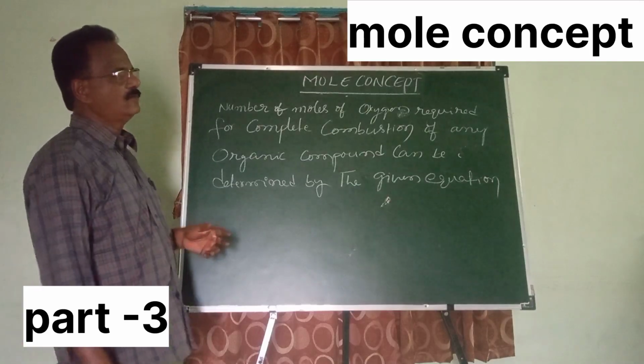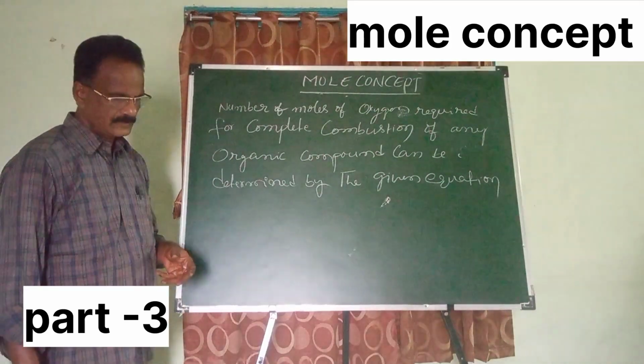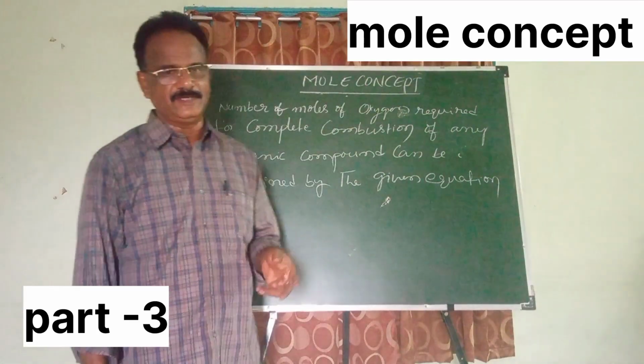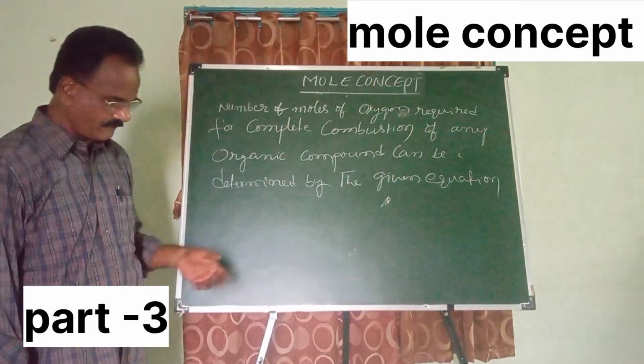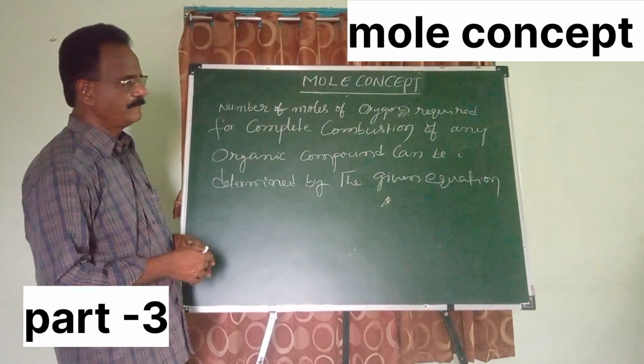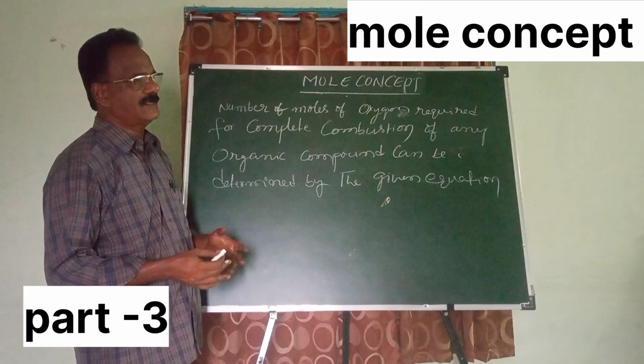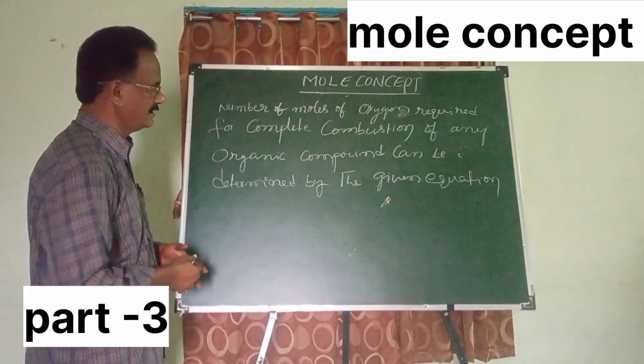Now let us see what that equation is. This is a general equation which is helpful in determining the number of moles of oxygen required for complete combustion, and we can determine other aspects from it also. Okay, let us see the equation.